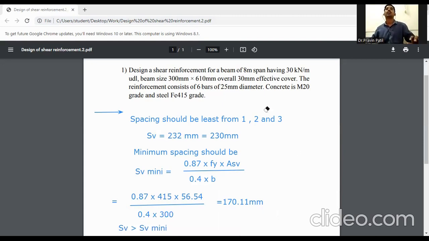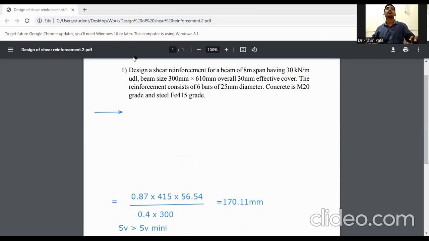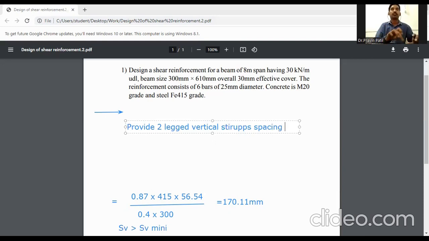So provide two-legged vertical stirrups at a spacing of 230 mm center to center.